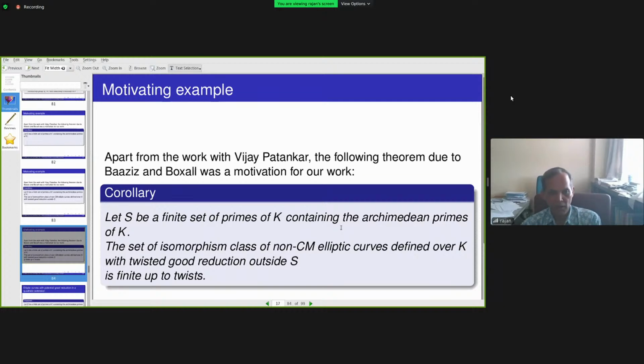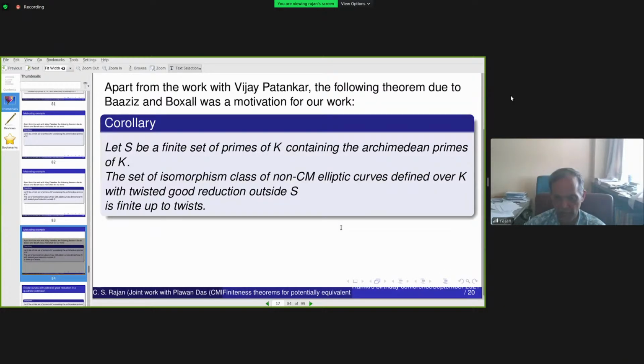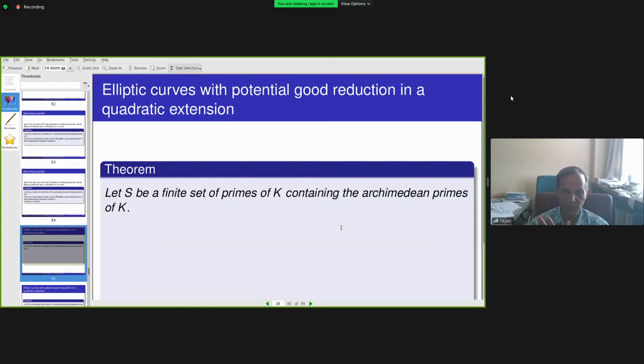But ours is a purely algebraic proof, and of course, as an advantage, you can extend it to abelian varieties.